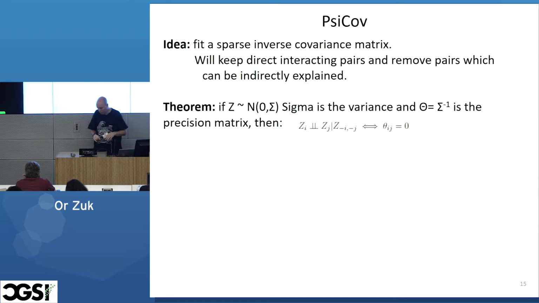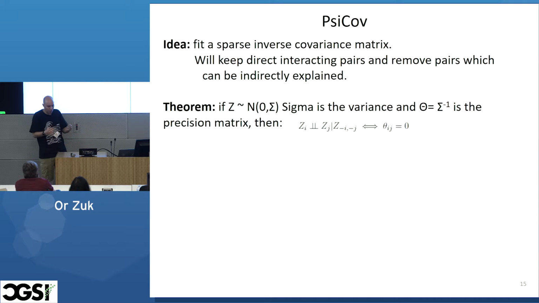So if A is contacting B and B is contacting C, then we expect to see correlated evolution between A and B and also between B and C. But then we'll also see a correlated evolution between A and C. So if we calculate some score measuring the correlated evolution of A and C, we may conclude that A and C are in contact, but this conclusion will be wrong, right? So how do we distinguish between direct and indirect contacts?